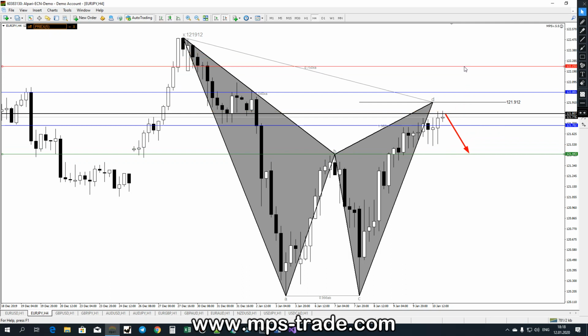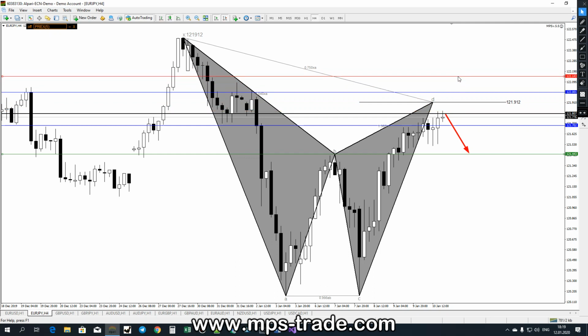And do not move your stop loss too often or too close to your entry. Do not move it very fast. Wait for some price action signals. If you have a powerful bull close, then yes, it makes sense.